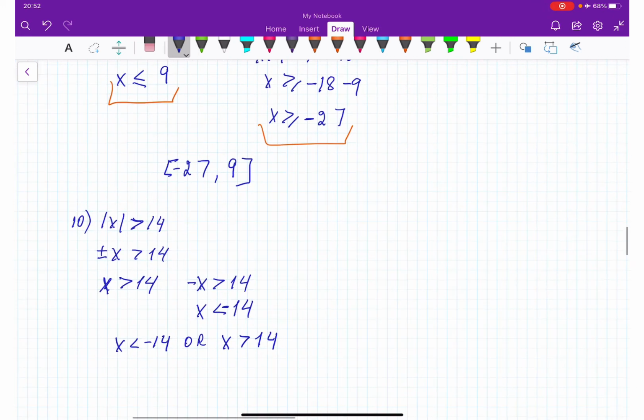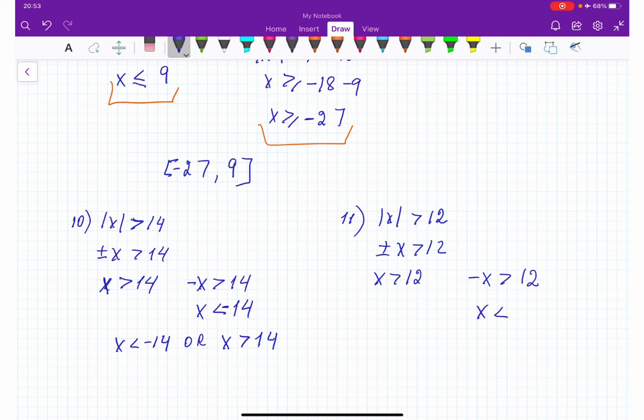Question number 11. Absolute value of x greater than 12. So plus minus x greater than 12. It's either x greater than 12 or negative x greater than 12, which means x is less than negative 12, right?